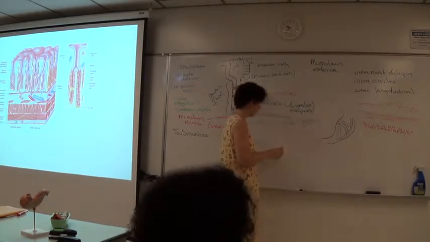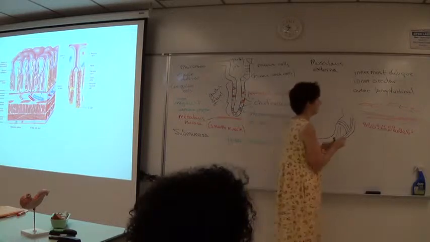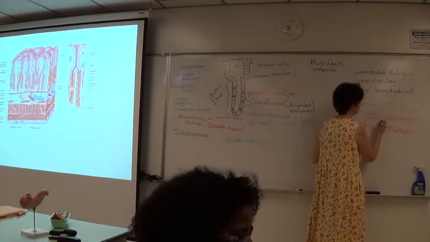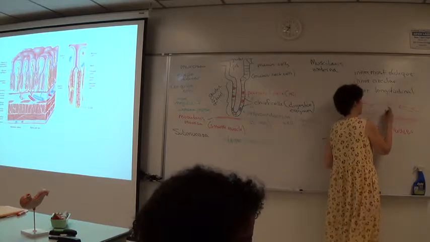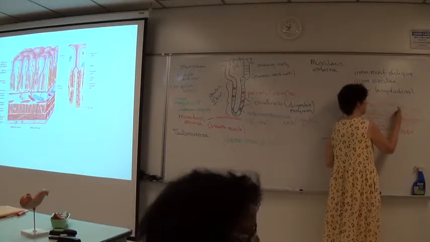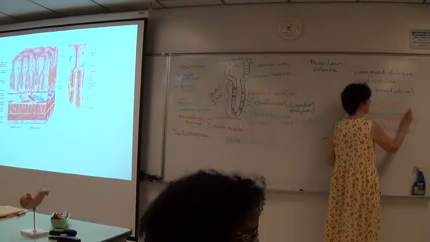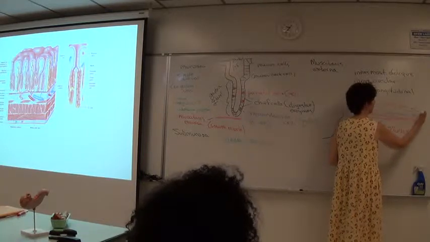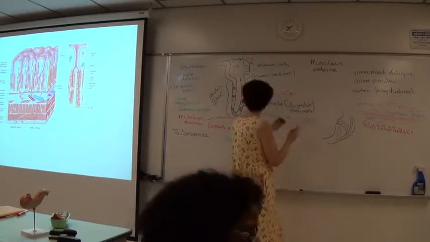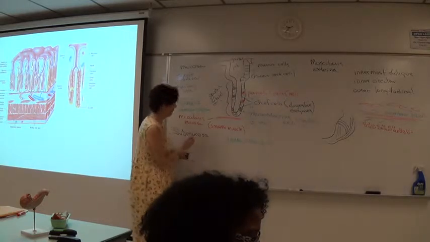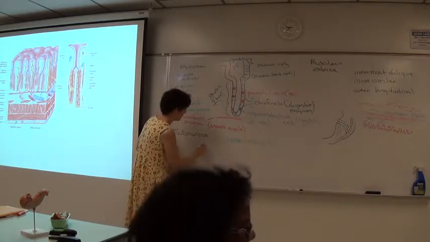So we have nerve endings, nerves that are present here. And within the muscle, these are autonomic nerves known as the myenteric plexus. And in the submucosa, we have nerves that are known as the submucosal plexus.